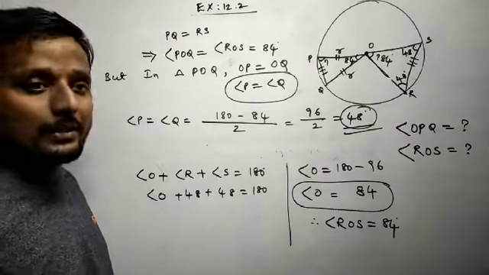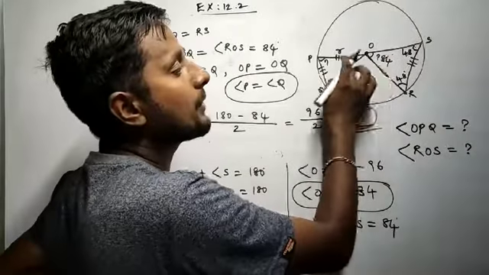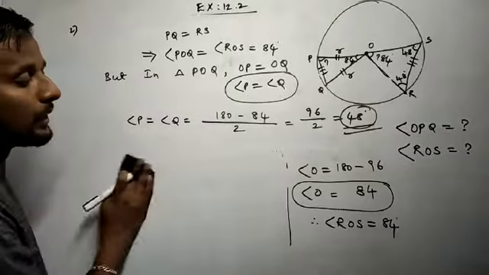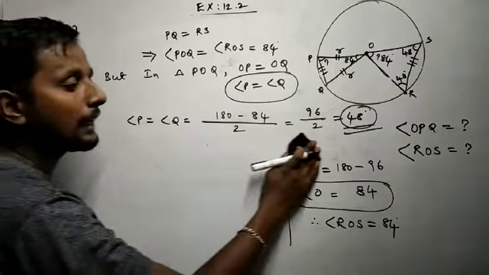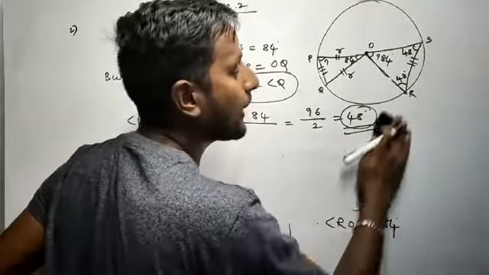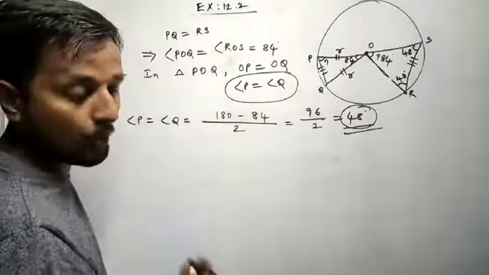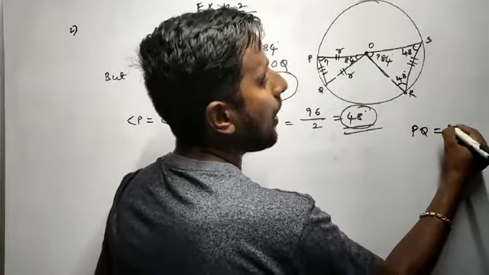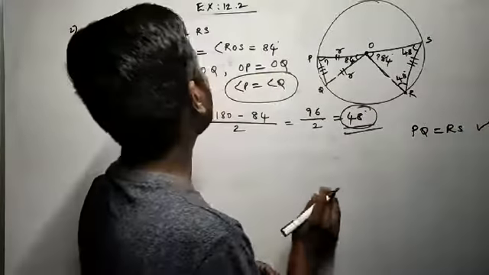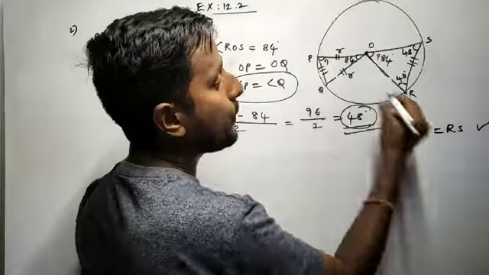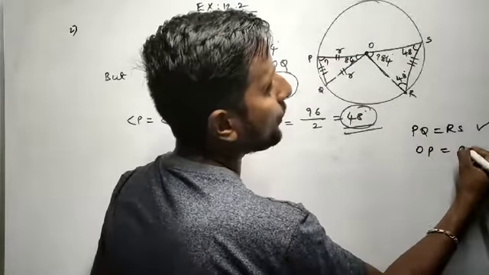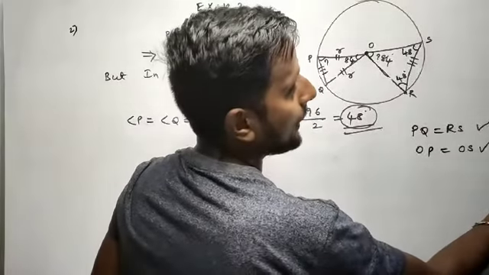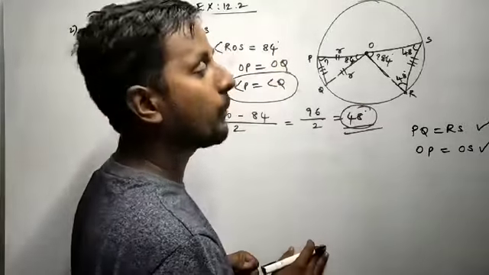Correct? RLs. We will show the congruence rule. Congruence means what? If we decide the two triangles are congruent, then the respective angles are also equal. Correct? How can you show congruence? We know PQ is equal to RS, because it is already given information. Correct? Look at OP. OP is equal to OS, because both are radii, the plural form of radius.